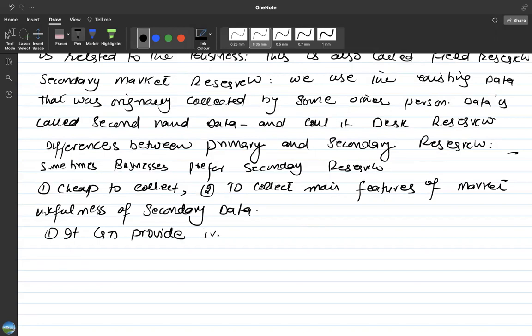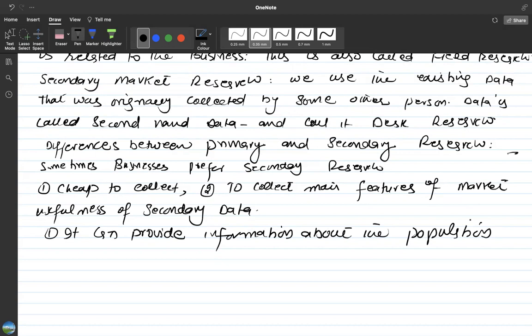We can generate data about gender distribution in our economy, sometimes income distribution in our economy.